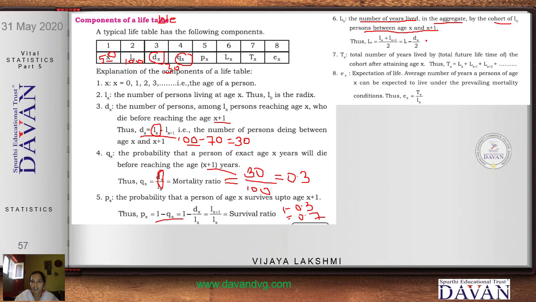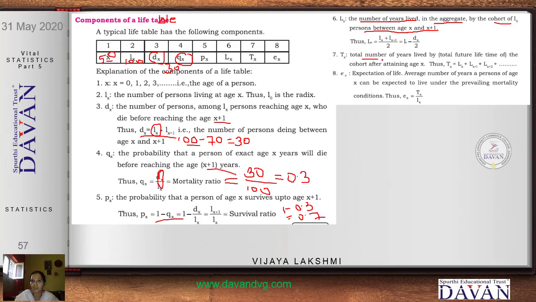So on an aggregate, how many number of years is lived by the persons between the age 50 and 51 is given in this formula. So Lx is equal to lx plus lx+1 divided by 2, which can also be written as lx minus dx by 2. So this is just giving you the aggregate of the number of years that are lived by the persons in a cohort between the age 50 and 51 according to our example.